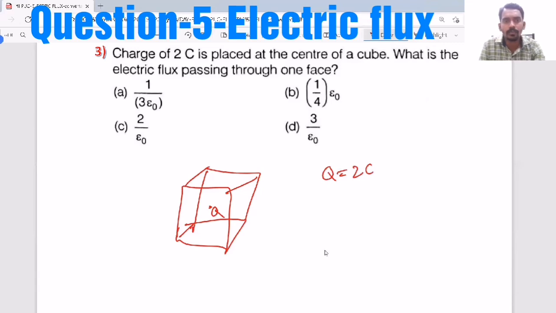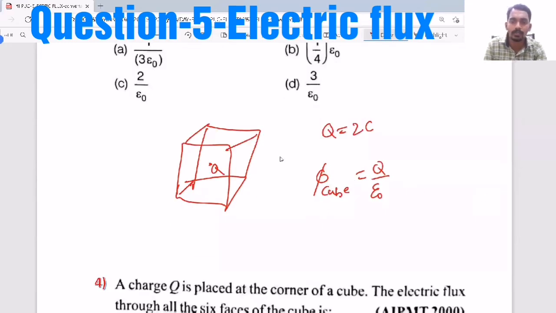What is the electric flux passing through one face? Now, the flux for the total cube is Q by epsilon naught, that is 2 by epsilon naught. But here the question is asked in a different manner: they are not asking for the cube, they are asking for one face. That means this is nothing but the flux for all the 6 faces, because a cube means 6 faces are there.